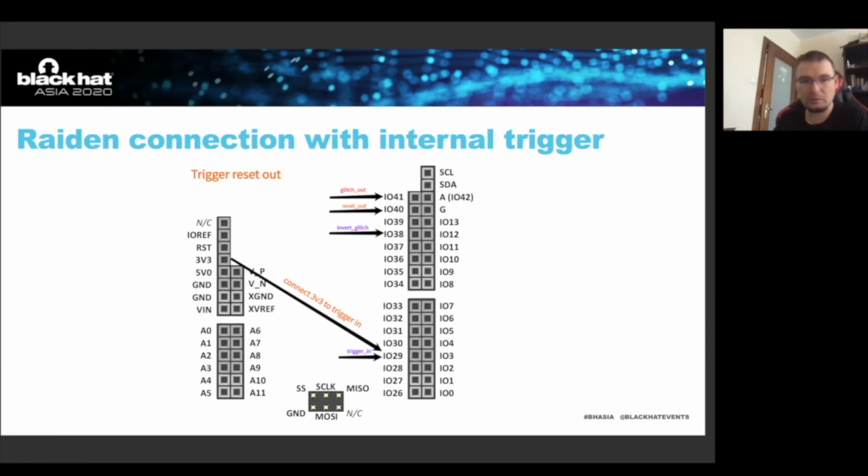So we are creating a bridge, and the reset out signal needs to be connected to the reset of the target device. This will allow us to create our own internal reset out, and based on that we can perform glitching actions.